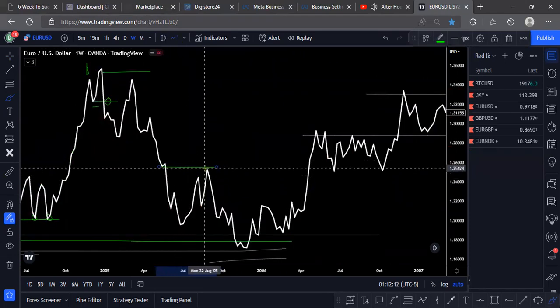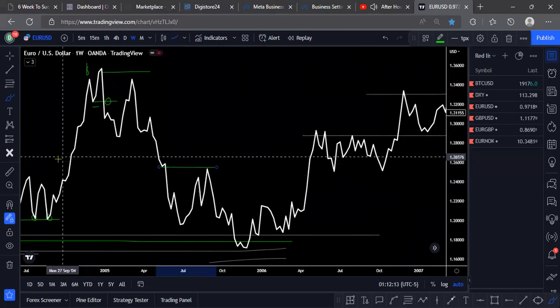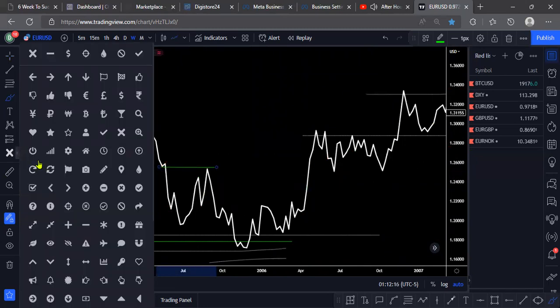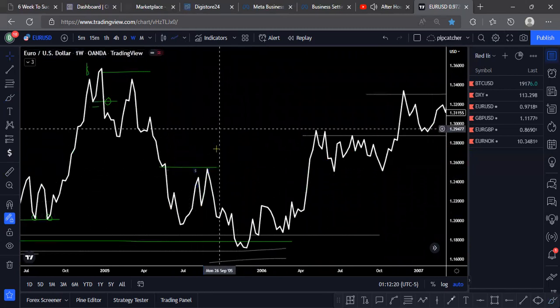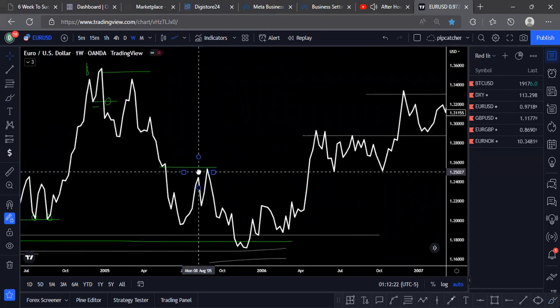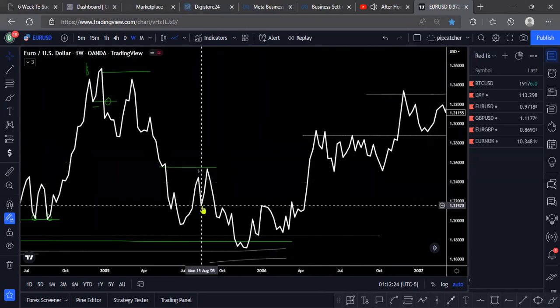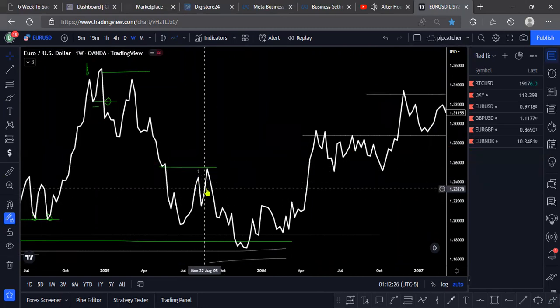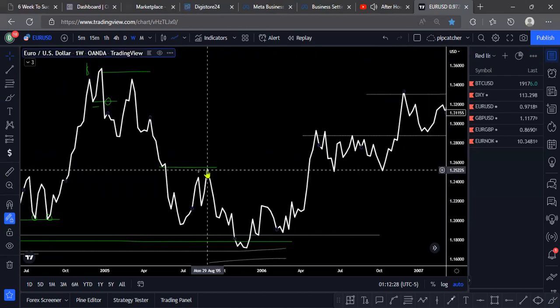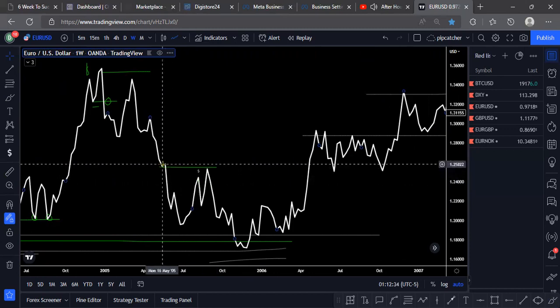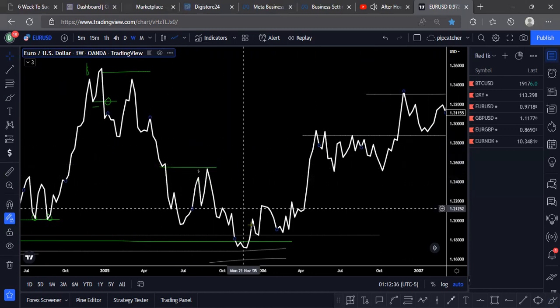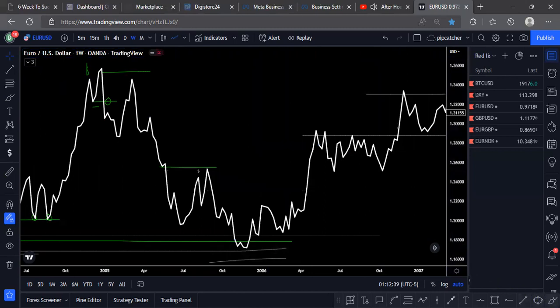But if we look at the initial rejection, the initial reaction from that area, we have a liquidity grab in this area. Why is that a liquidity grab? Because this high right here just breaches this high to the left of it, but while rejecting structure in a bearish market.